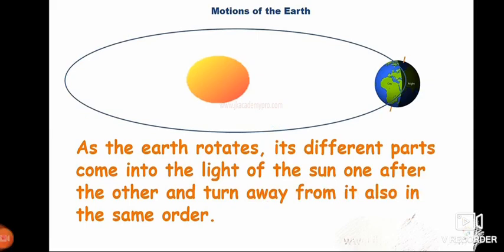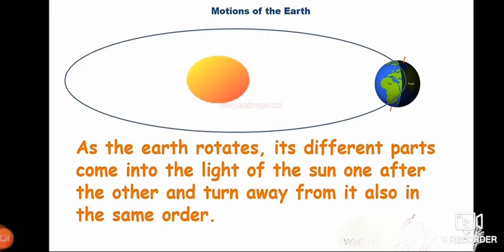So it is said that as the earth is rotates, its different parts come into light of the sun one after the other and turn away from it also in the same order. That means how they are coming into light one after the other, like that only one after the other they go into dark.